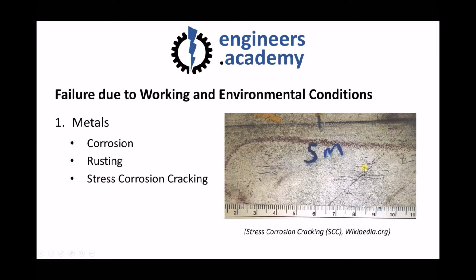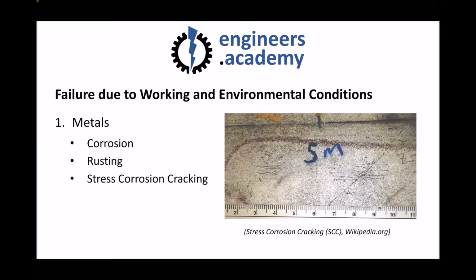What we're looking at in the image here is the outside of a pipework, which would probably be carrying gas under pressure. Now, as a result of that pressure, there's going to be stresses on the outside surface of the pipe. Those stresses actually open up the surface of the material and enable corrosive agents to get within the cracks. So here we have a combination. We have stress and we have corrosion combining to form these stress corrosion cracks.